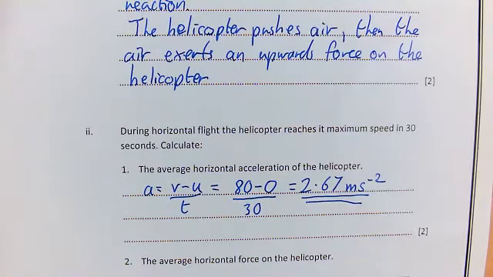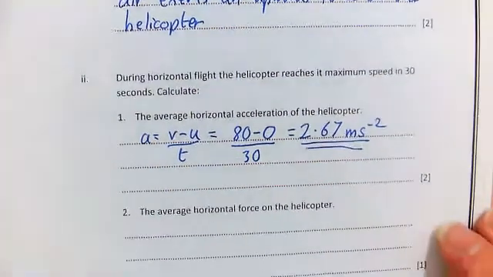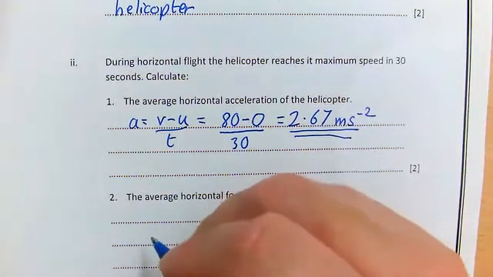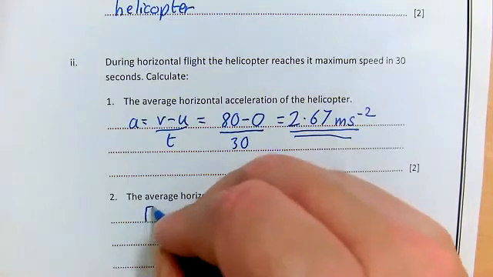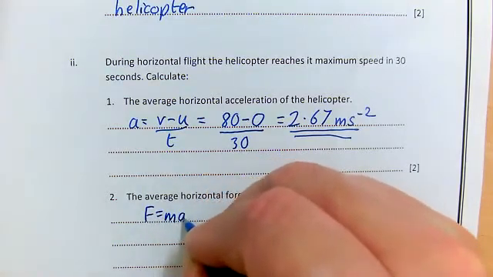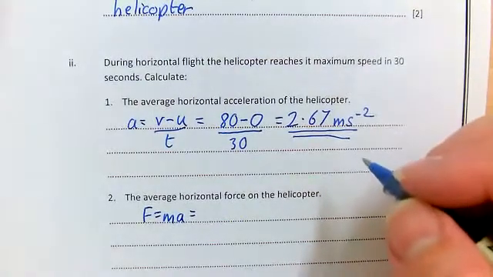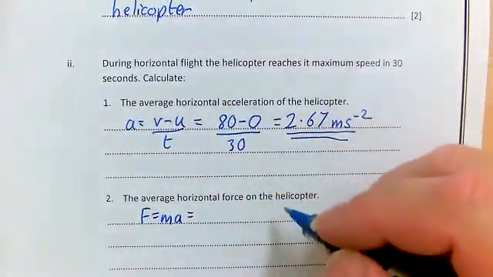So let's just calculate the average horizontal force on the helicopter. We can use F equals ma. I think it's the simplest one to use. Force is mass times acceleration because we've got the mass and we've just worked out the acceleration, and it looks to me like a structured question.